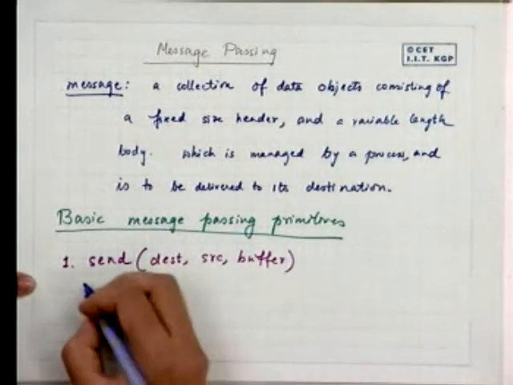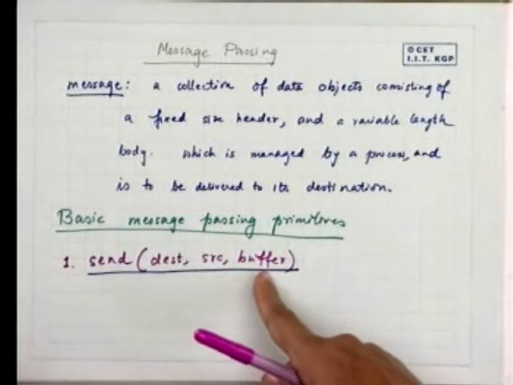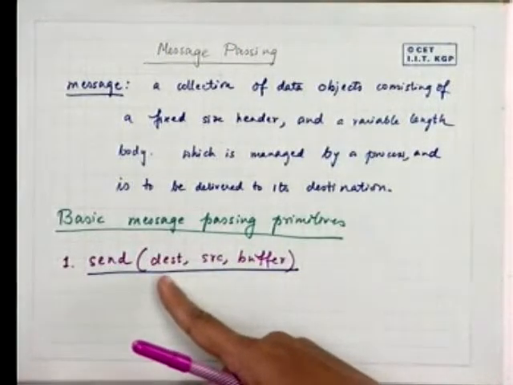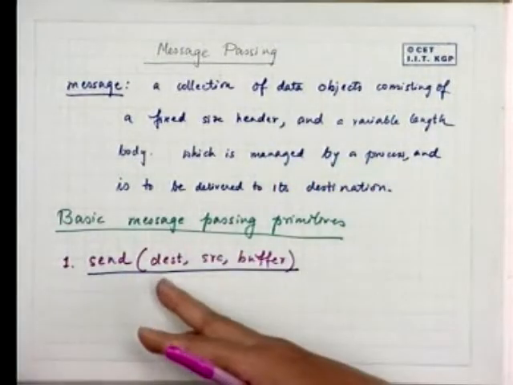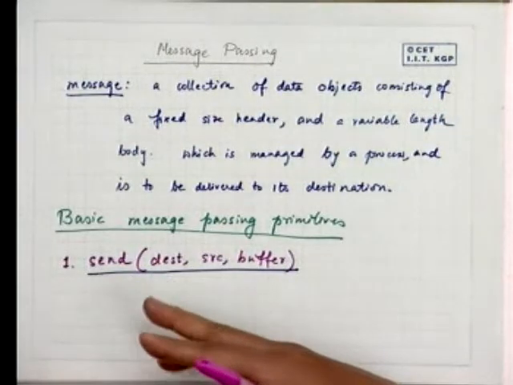The execution of this primitive send, which has 3 parameters, sends the message which is stored in buffer to a server process named destination. The message contains the name of a client process named source, which is to be used by the server process to send a response back.